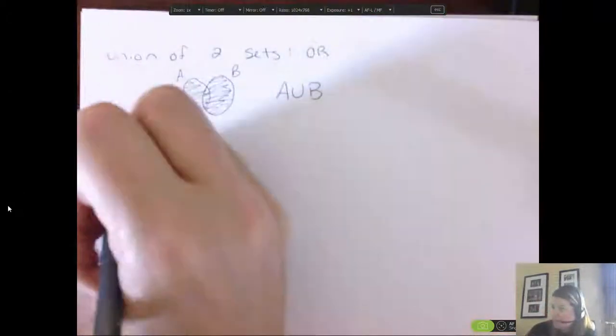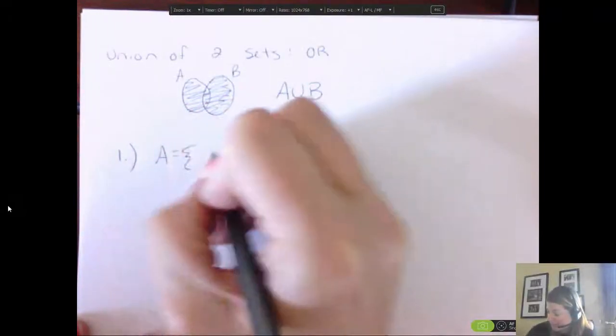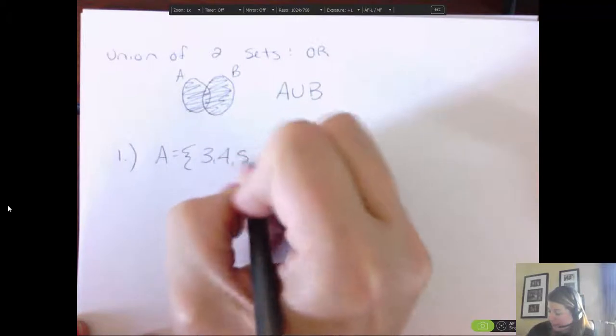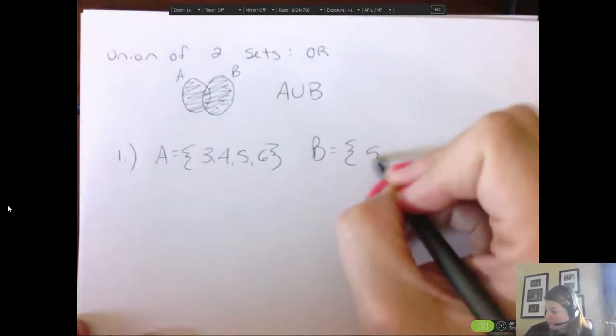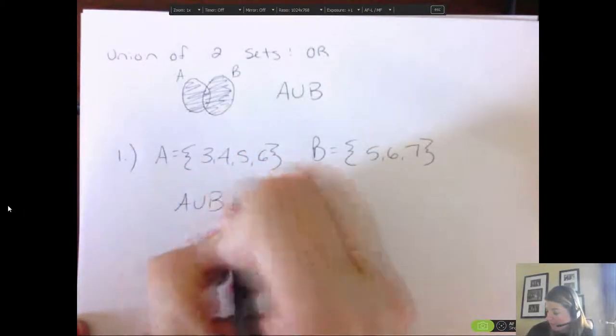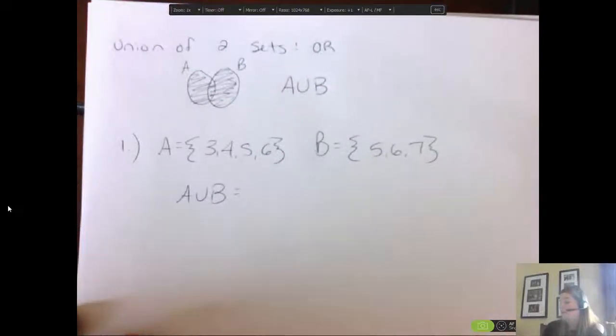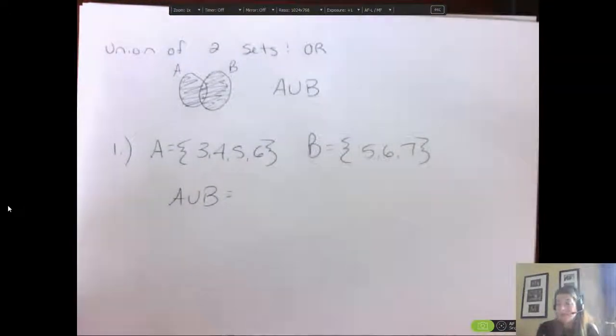If you have something like, let's look at the set one. Set A is equal to 3, 4, 5, 6, and set B is equal to 5, 6, 7. What is A union B? How would I write that one? A little bit different. Union, take all of A, take all of B, but what's in common, you only want to write it once.